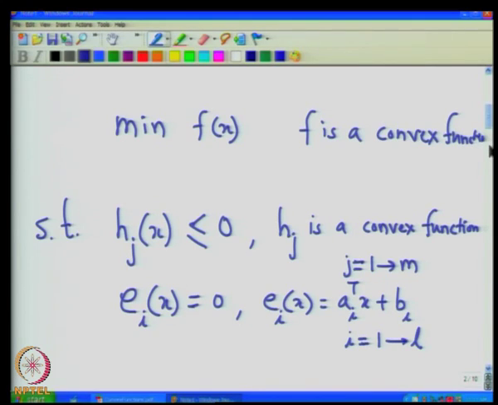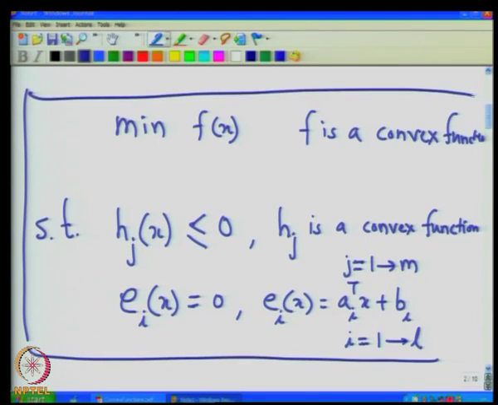Then this problem that we have got is a convex programming problem. And we have seen that for a convex programming problem, every local minimum is a global minimum, and all global minima form a convex set.